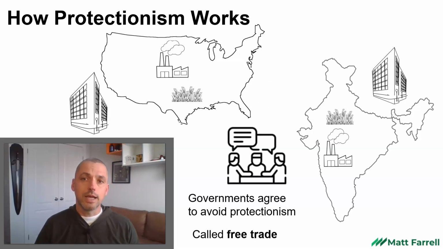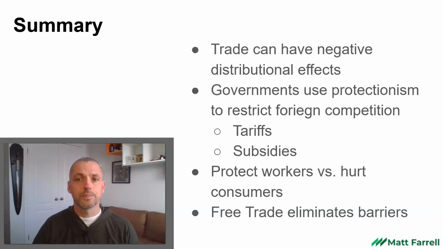Governments might recognize that this is inefficient, and so they might agree to avoid protectionist measures. We call that free trade. When governments voluntarily agree to restrict protectionism, restrict the use of subsidies, quotas, or tariffs, anything that could restrict the flow of trade across borders.